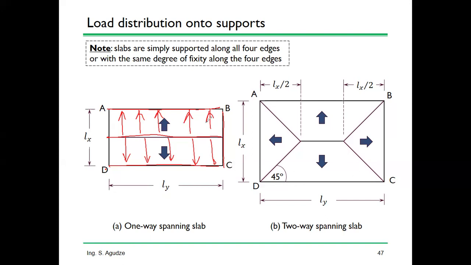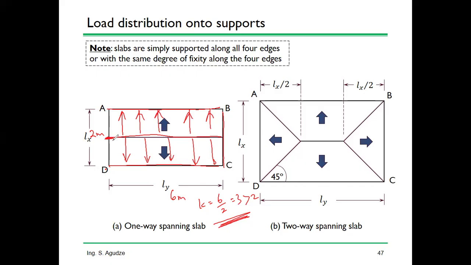So are we okay with the one-way load distribution? For example, if this side is 6 meters and this side is 2 meters, then K will be 6 over 2, which is 3, and this is greater than 2. So we know it's one-way. Then we divide the shorter side, which is the 2 meters, into 2.